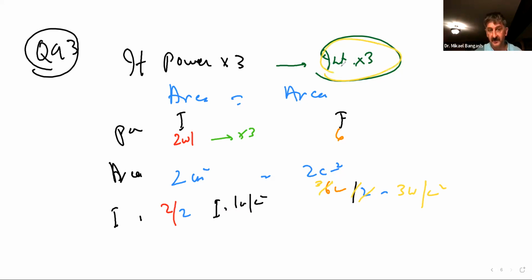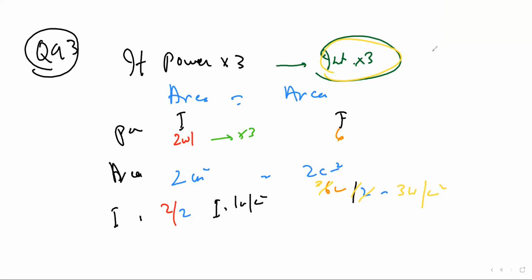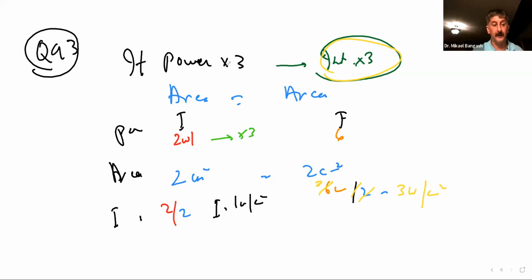So intensity is increased 3 times. Did you girls get that? Right, so here there's no squaring, there's no cubing or anything. It's just directly proportional.